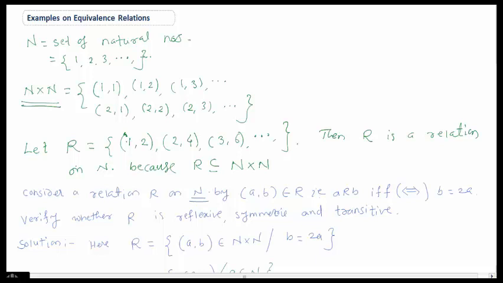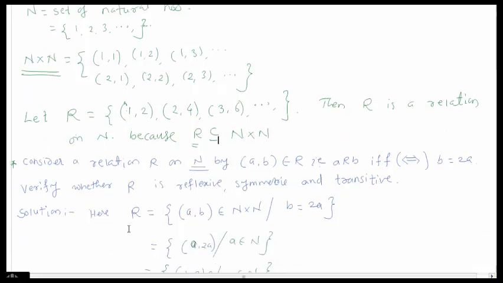Relation on N means a subset of N cross N. Our main aim is to check whether this R is an equivalence relation on N. This R can also be written in set builder form as all ordered pairs (a,b) belonging to N cross N such that b equals 2a.